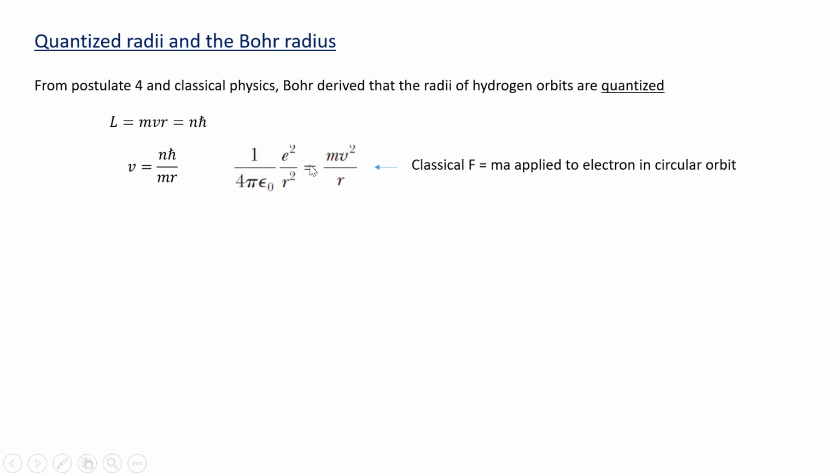So F is equal to m times a. v squared over r is the centripetal acceleration of the electron in the circular orbit. Okay, so he basically had an expression involving v from classical physics, and an expression for v from his new ideas of quantum physics.